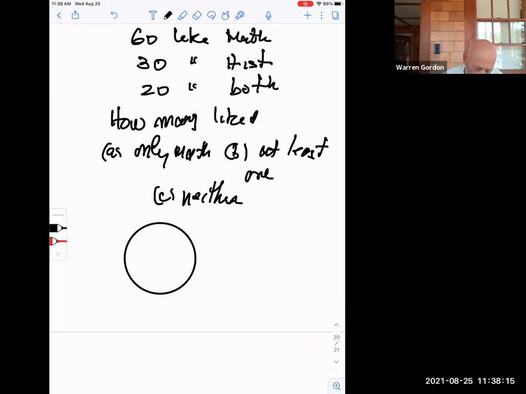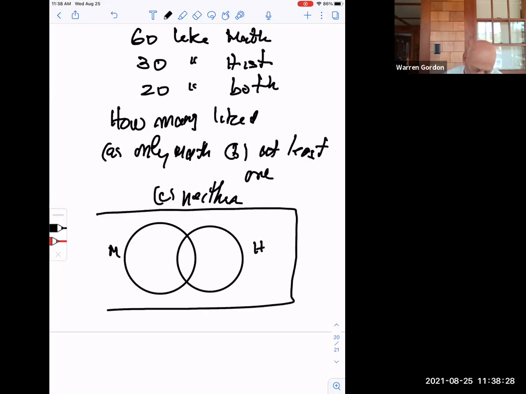And I'm going to let, so this will be M. And I'll let H be the set of all students who like history. Okay, so now what we do is in this circle, I'm going to put the number of students who like it. And the trick is to work from the intersection out.